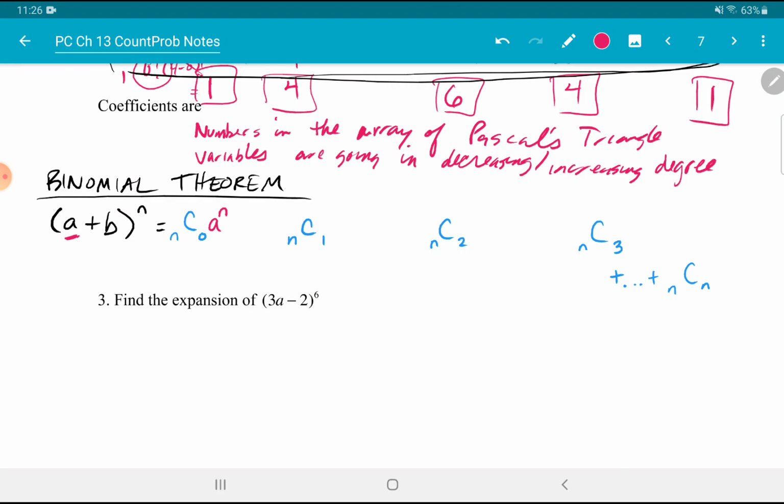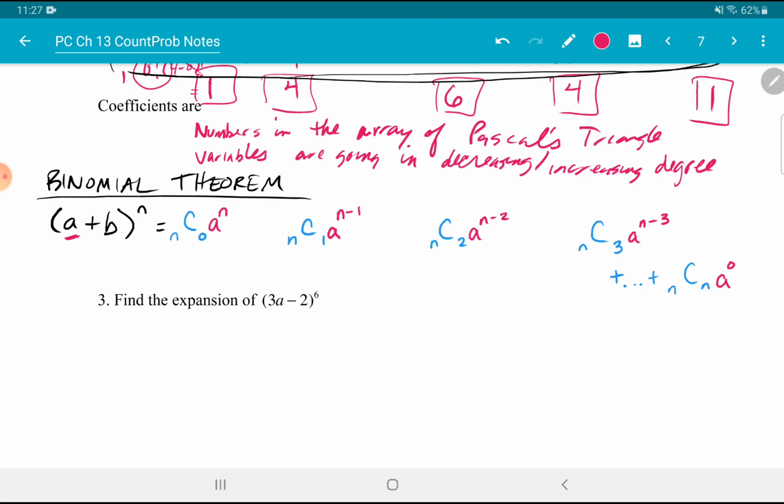And remember what happens to that first term: each of those terms is always going to go in descending order. So I went from n to n minus 1, then n minus 2, then n minus 3, and it just keeps going until at the very end, I should have no more of that first term left. I have a to the 0 power.